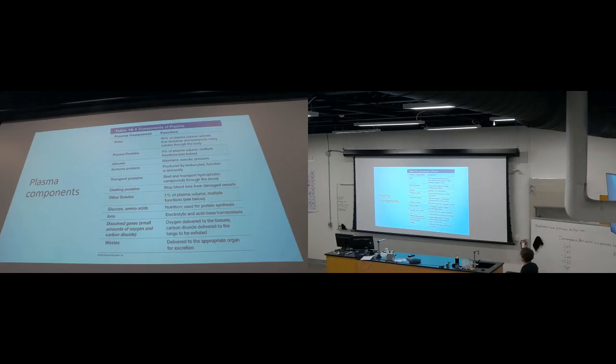Most proteins of our body are produced by the liver, with few exceptions, like in the case of these immunoglobulins that are produced by the B lymphocytes.